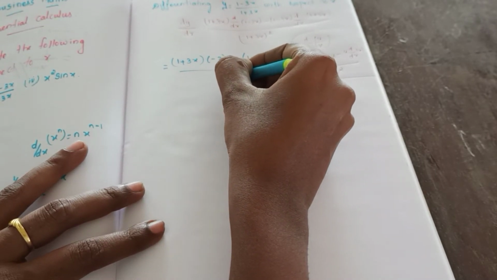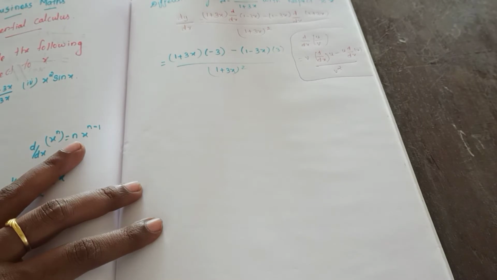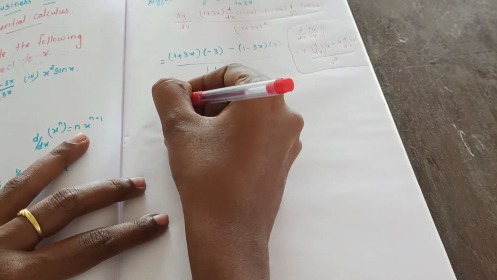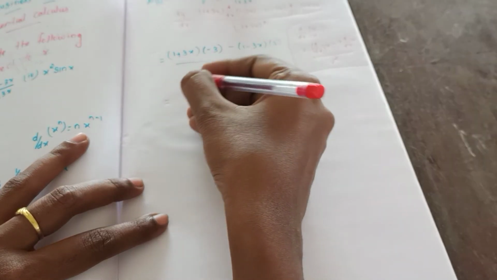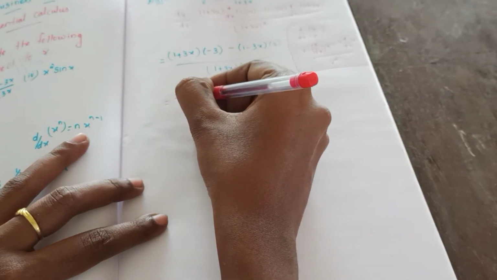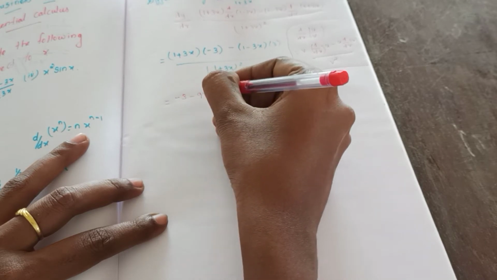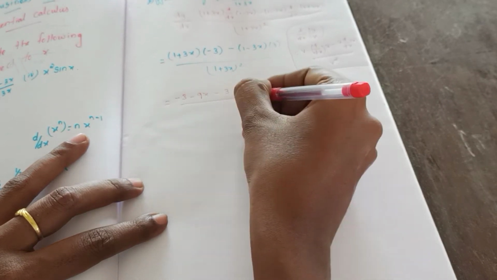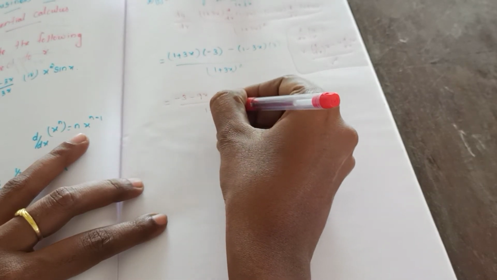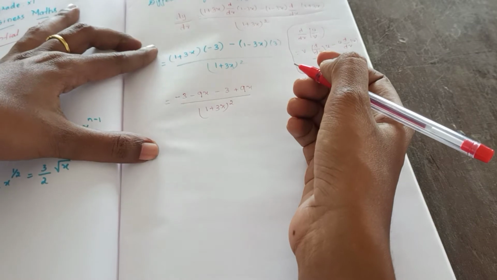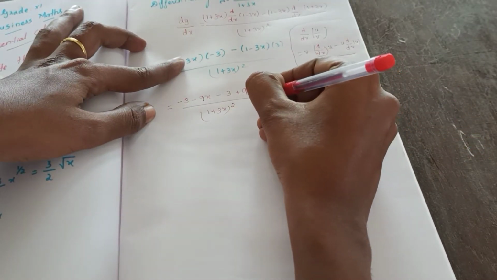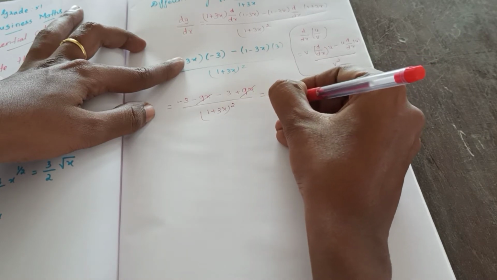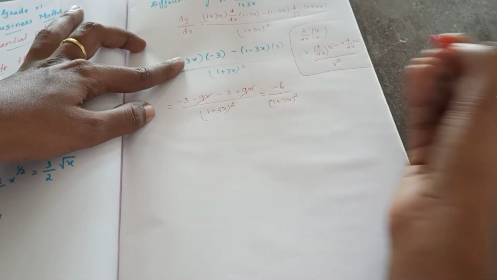Now we need to simplify. First multiply inside: minus 3 minus 9x minus 3 plus 9x divided by 1 plus 3x the whole square. The 9x terms cancel, so we get minus 6 by 1 plus 3x the whole square.